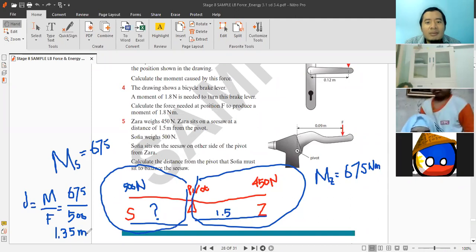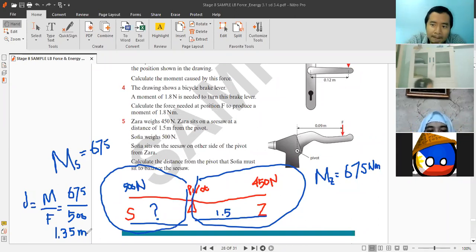How about it, Mbak Fania? Do you understand? I think so. Yes. Very good, Mbak Fania. So the clue, if we discuss balancing, is that the moment on the right side and the left side must be the same.